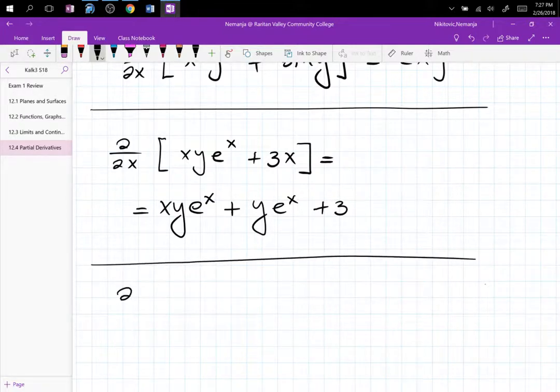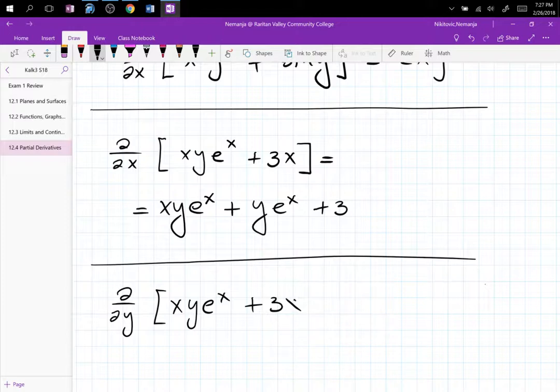Now, same problem, partial of y. Do we have product rule? No, it's a single y.